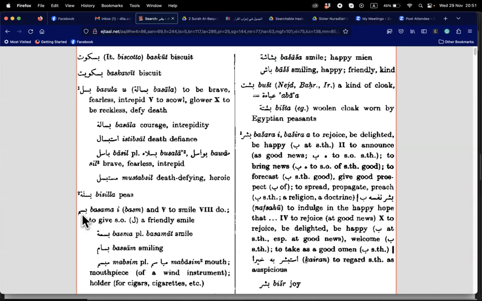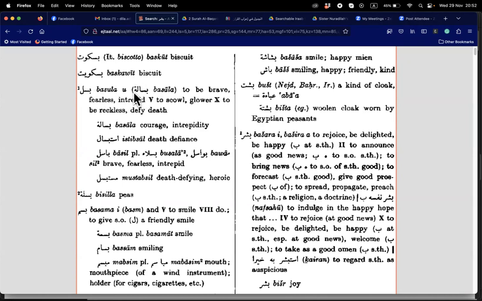Understand? If they give you Arabic like this one, basula, yabsulu, then they give you the Arabic. If they give you Arabic, it means the letters are more than this one.